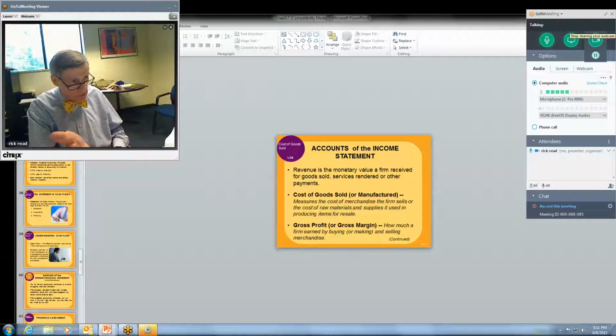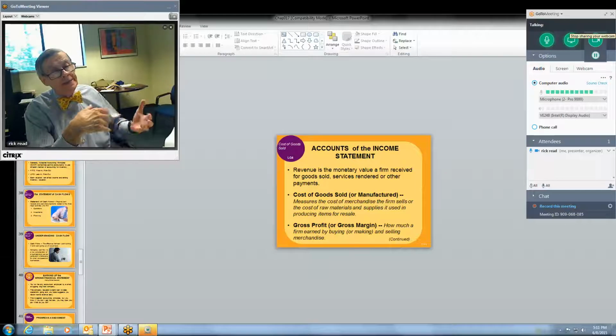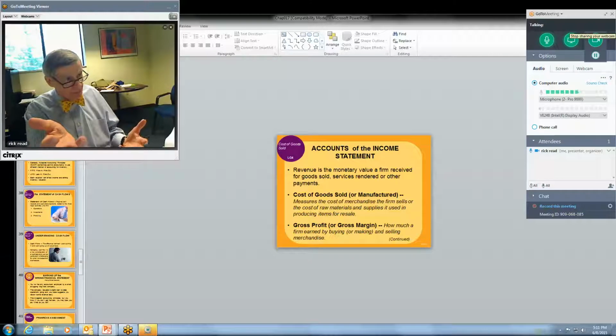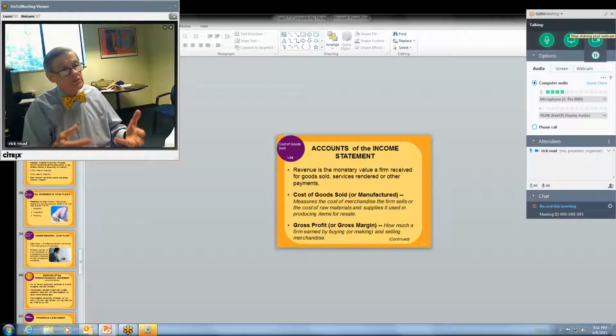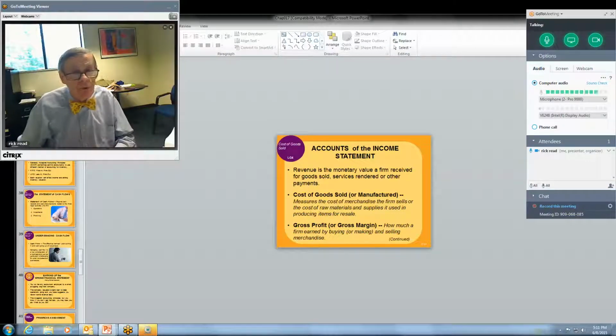Doesn't mean gross margin is not an acceptable term. It's how much we earn by buying and selling merchandise. But this doesn't take into consideration operating expenses and taxes, etc.